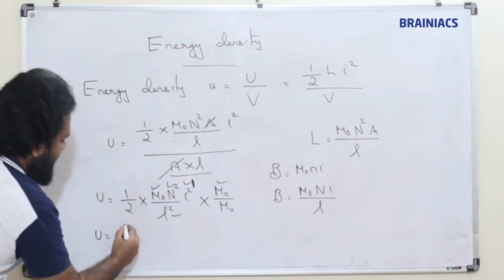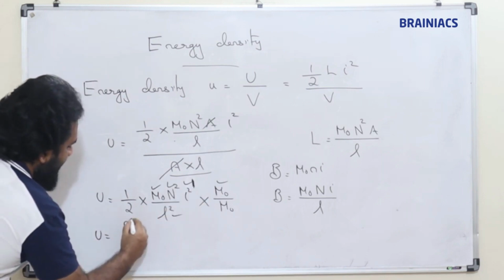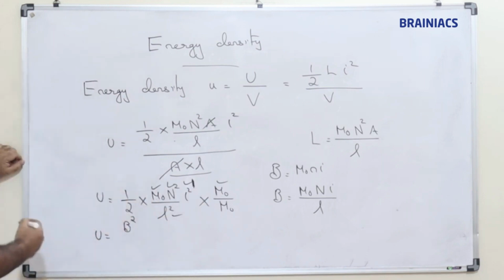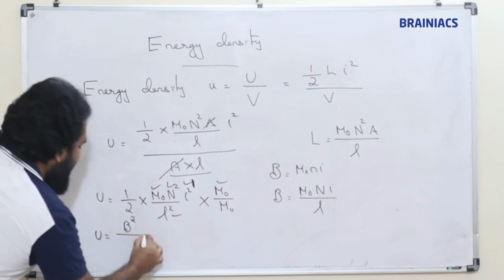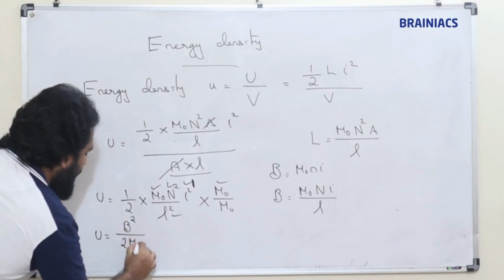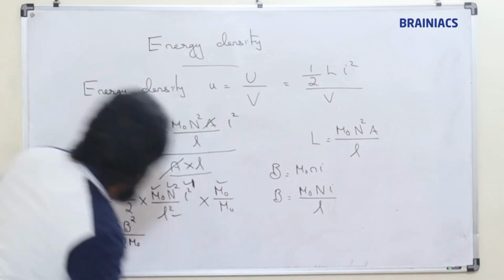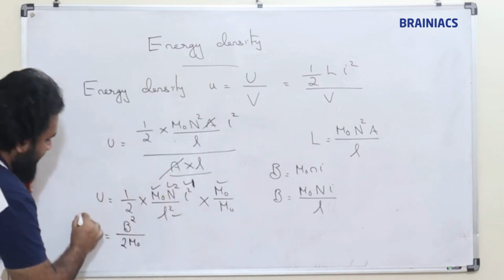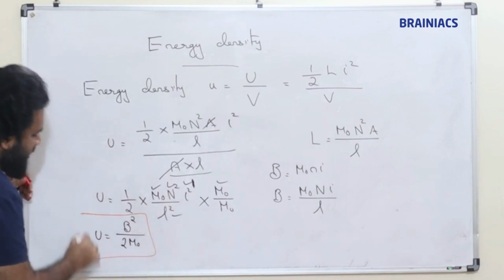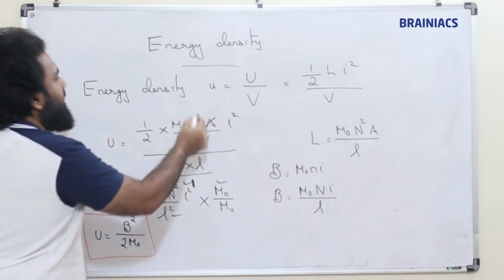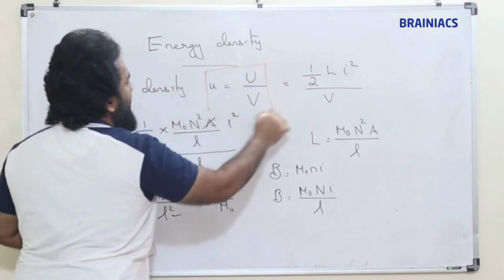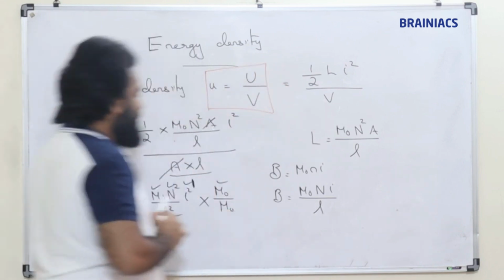So this is nothing but magnetic field square divided by 2 mu naught. This is another expression for energy density. Remember this also, and the general formula is energy by volume. Clear? Please note it down.